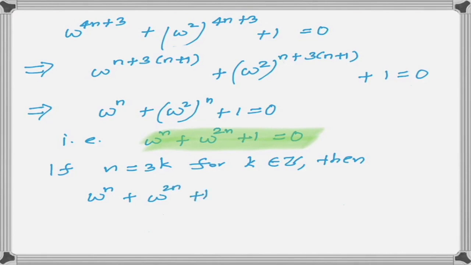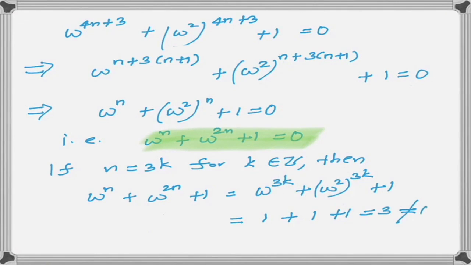In this case, we get that omega to the power 3k plus omega square to the power 3k plus 1 is equal to, recall that omega to the power 3k is equal to 1 for every integer k. So this will be equal to 1 plus 1 plus 1, which is equal to 3, not equal to 0. So in the case when n is of the form 3k, we see that the equation in green here is not true.